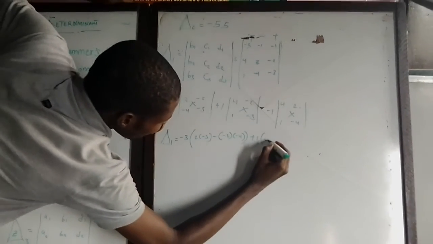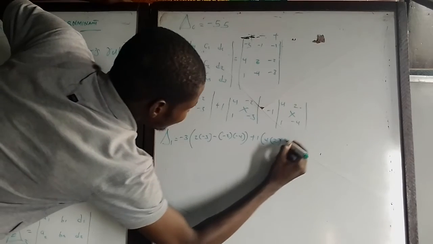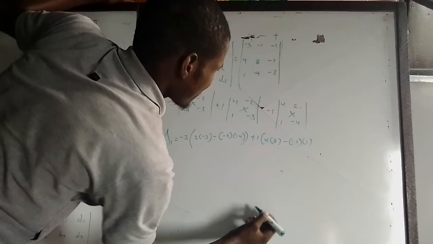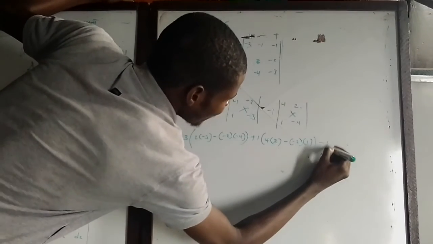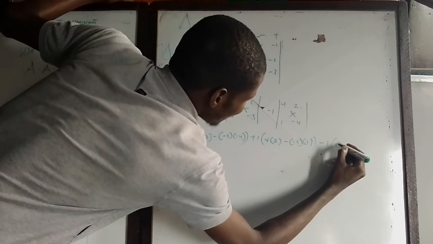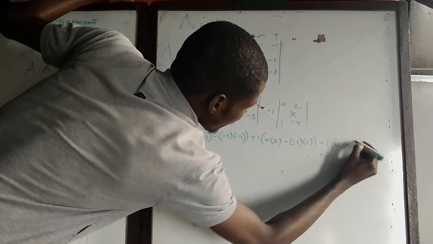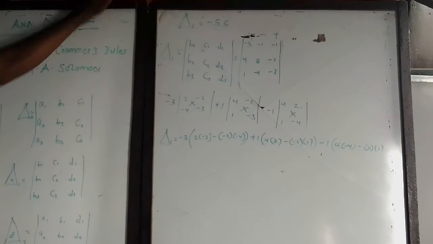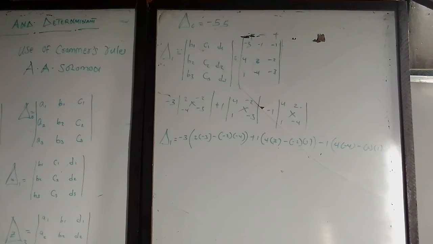So you're going to say 4 times 3 minus 2 times 1. Then you open your bracket with minus 1, 4 times minus 4, then minus 2 times 1. So now, let's move forward.